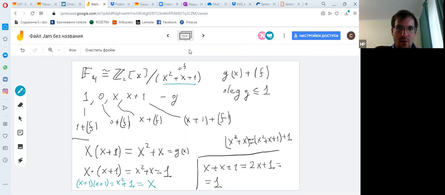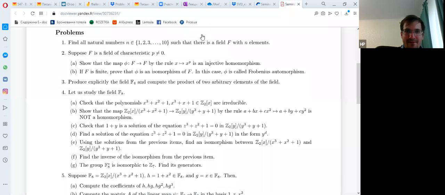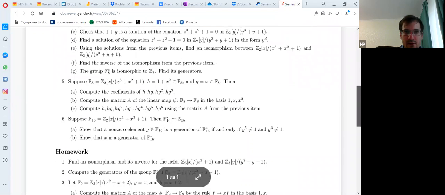Please, you can write something in chat or you can tell me if you didn't catch something. Okay. Let's proceed. Now we want to use this construction in other cases.